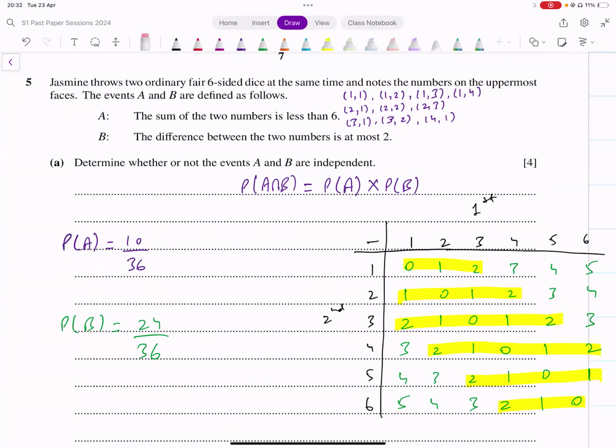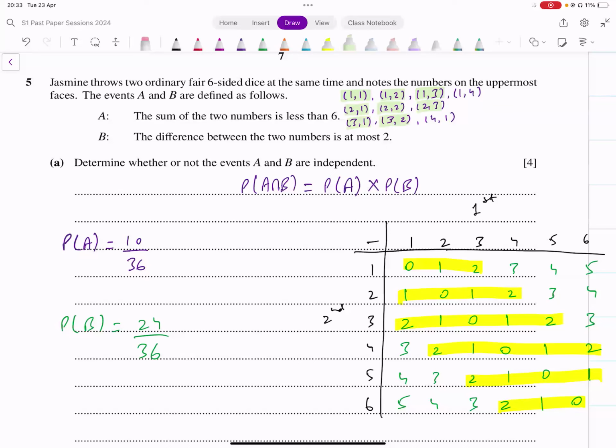Let's just count them, because they will be the ones that are common then. This is one case, another case, 3, and then you have 4, 5, 6, 7, 8. Yeah, so you've got 8 cases here that are common between the two events.